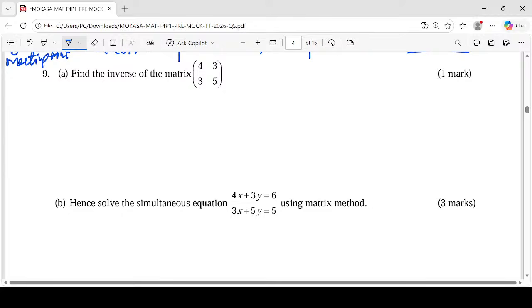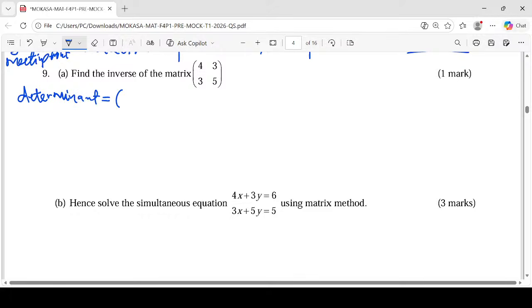Find the inverse of the matrix 4 3 3 5. Before we get the inverse, we have to get what we call the determinant. We have to start by getting the determinant of this particular matrix. And how do you get the determinant?